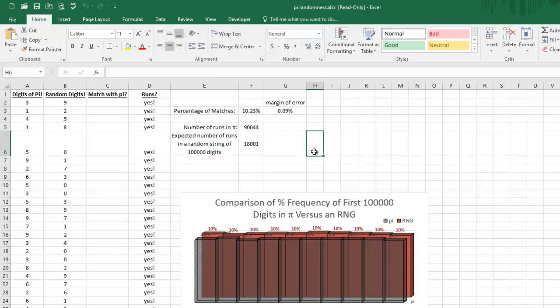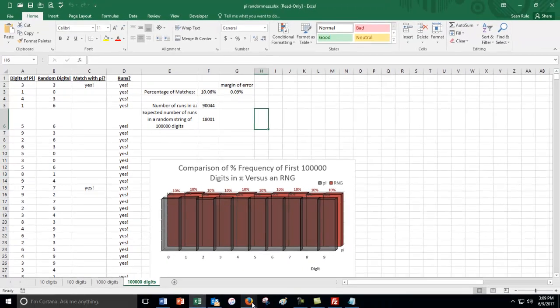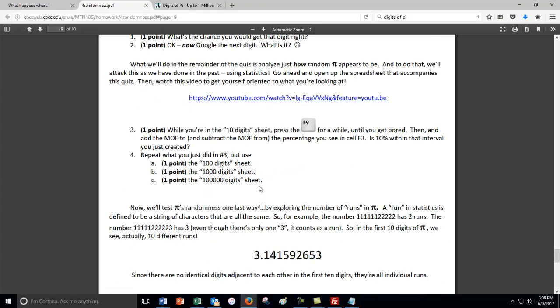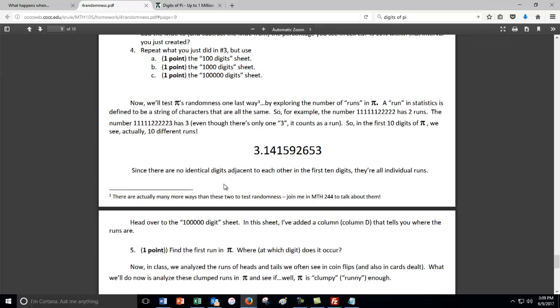But hopefully you've noticed as you randomized more and more, most of the intervals you do contain 10%. More on that in Math 244 if you go down that route with us. But for most of these, the answer was yes. For some of you, for all of them, when I graded your work, the answer was yes.